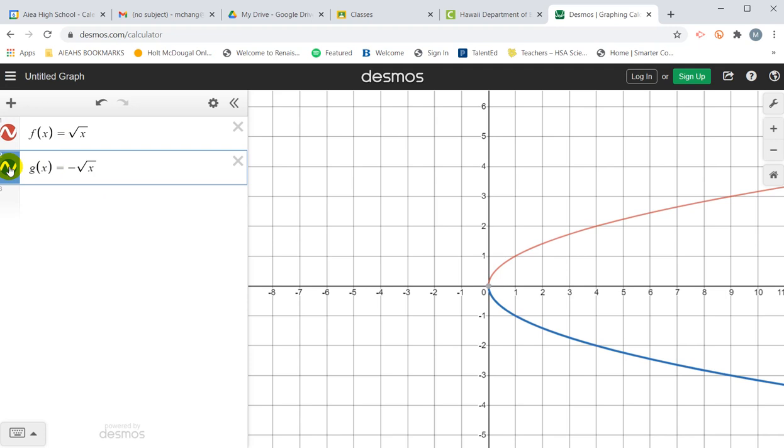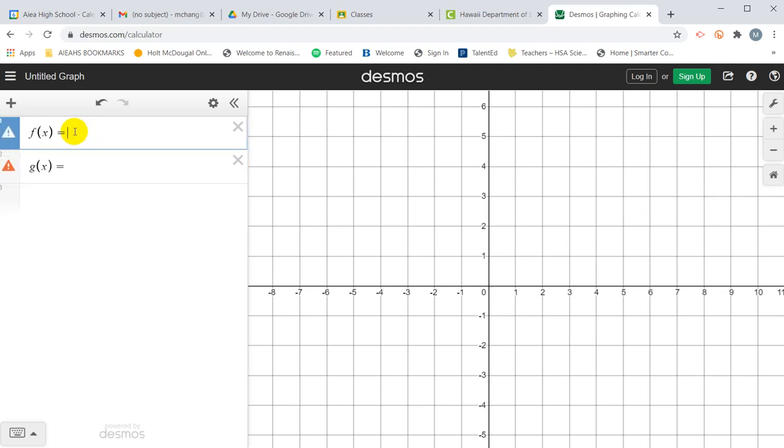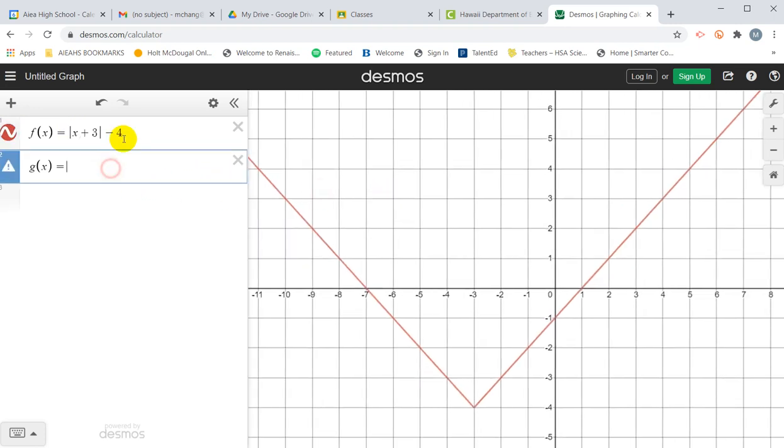Now, let's say I change it up just a little bit and make it a bit tougher. Like with the functions that I showed you previously, let's say something like absolute value of x plus 3 minus 4.